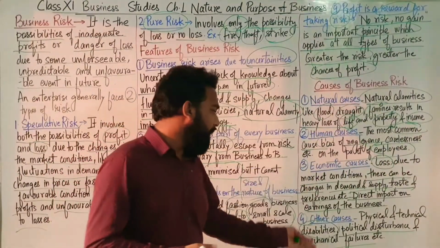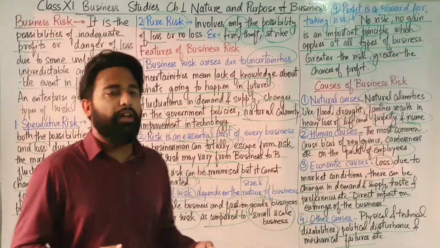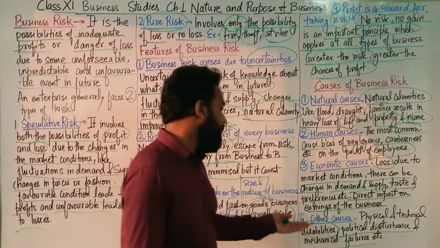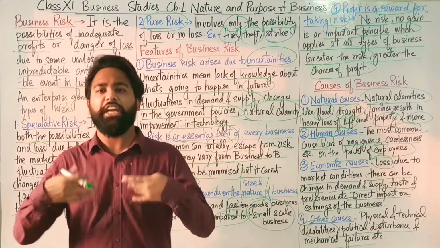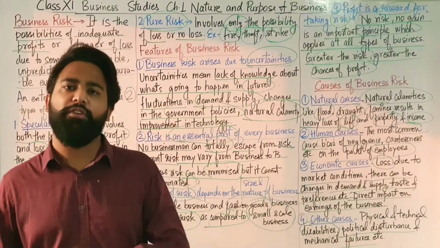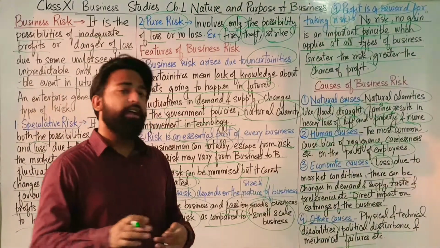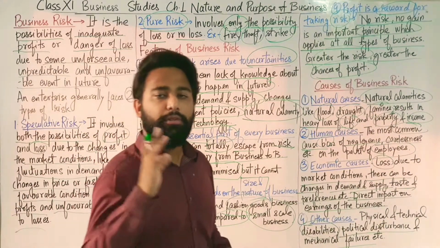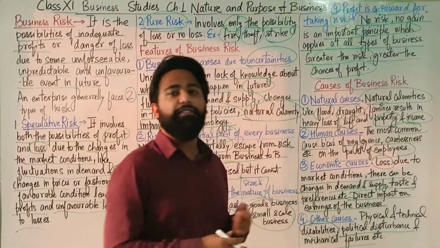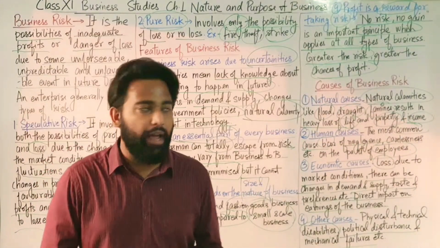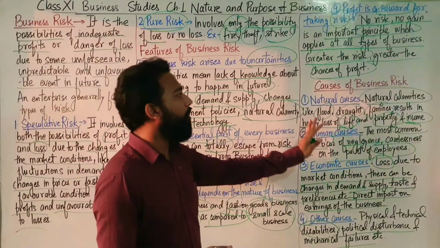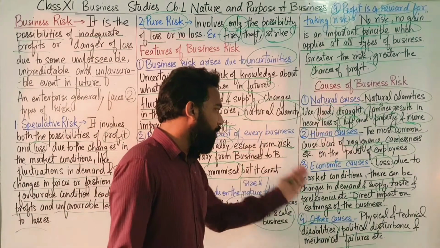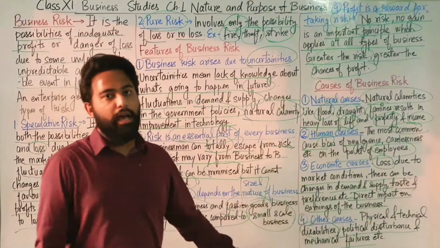So these are the causes which affect business risk. And physical and technical disabilities: suppose your technician is not present and due to that you suffered some losses. There are political strikes outside and due to that you are not able to keep the business on track. Therefore, these are the causes of business risk: natural causes, human causes, economic causes, and other causes.